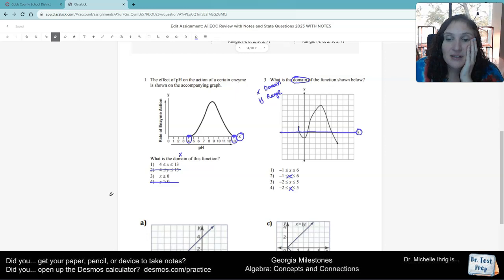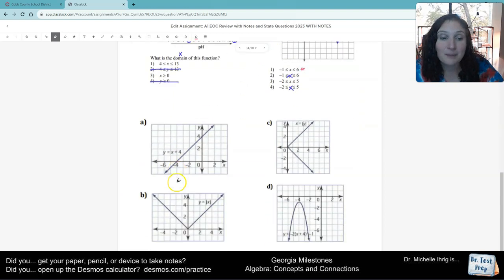My lowest X value is right here. My highest X value is right here. So I just have to count. Well, the origin is at 0, so this is 0, 0. So that means that value is -1. Now we know what the answer is, choice 1. But let's count. Here's 1, 2, 3, 4, 5, and 6. So my answer is for sure number 1, -1 to 6.